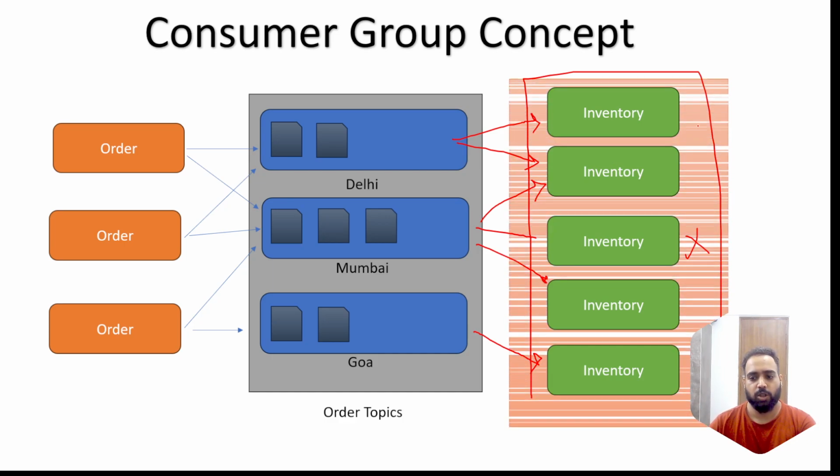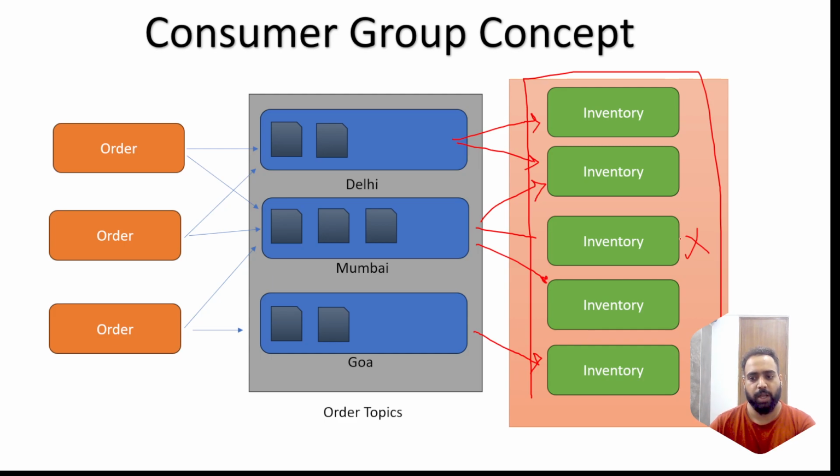So this will update the database for Mumbai orders as well. This concept is called a consumer group. All these microservice instances will be under the same consumer group, which will be reading from the order topics. In this way, we are handling fault tolerance as well. If one instance of the microservice is not available, we assign another instance of that microservice to handle the load of the partition of the same topic.